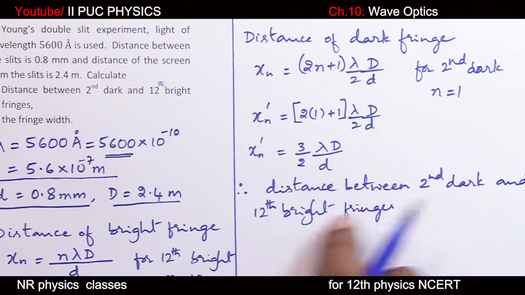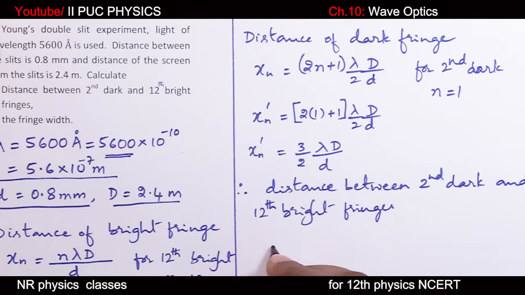distance between second dark and 12th bright fringes, let me denote it by x.